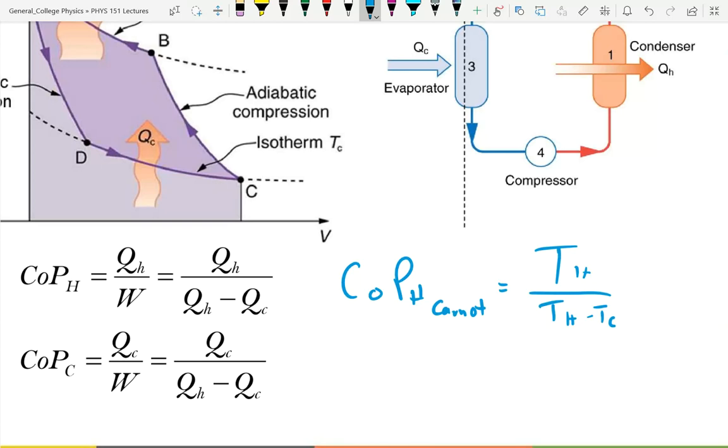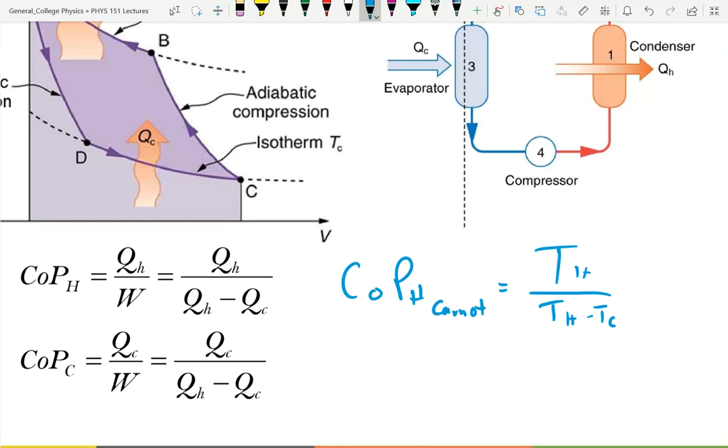It's approaching infinity. Why? Well, it doesn't take much energy to move heat if they're the same temperature. And so if you have a small temperature difference, a heat pump will be very low energy required for doing heating and cooling. And of course, if I had done the coefficient of performance for cooling, you just would have had T cold on top instead of T hot.